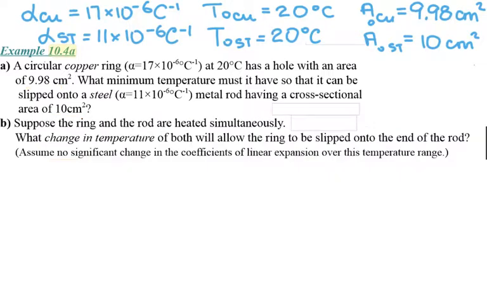Question B asks, suppose the ring and the rod are heated simultaneously. So what change in temperature of both will allow the ring to be slipped onto the end of the rod?